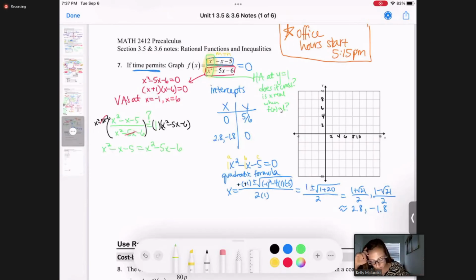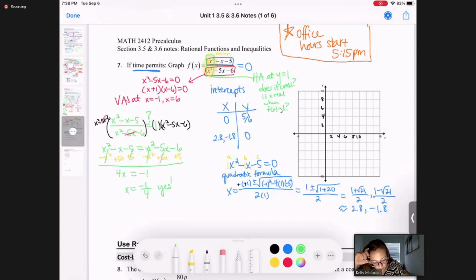From this point, I can subtract x squared from both sides. Those will cancel out. I could add 5x to cancel that, and add 5. I'm doing all of this at once. If this is confusing, you can do one step at a time, but these cancel. I'm left with 4x over here. This cancels, and I'm left with 4x equals -1 and x equals -1/4.